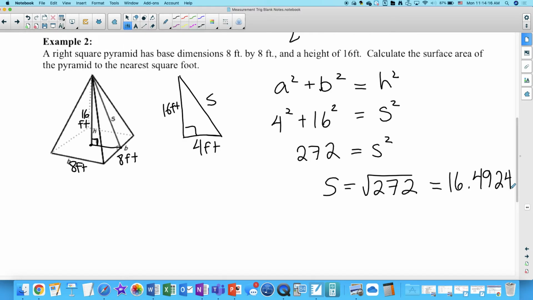If you're doing an intermediate step, keep extra decimal places. Okay? If I were to round this here to the nearest foot, that would round to 16. And that's quite a bit off from 16.4924. Okay? So you want to keep extra and only round in the very final step.